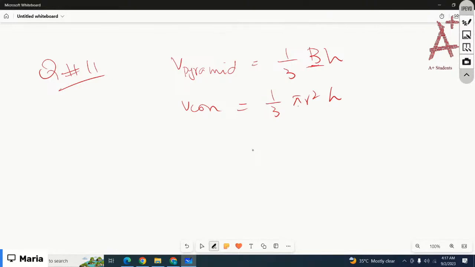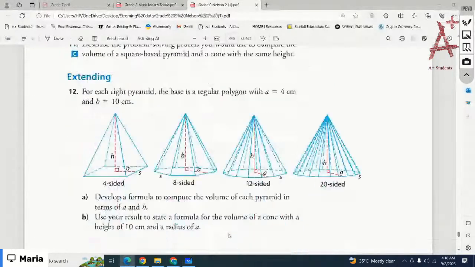This b is exactly the same as pi r square, because this is the area of the base. So if their height is the same, that means the volume of the pyramid and the volume of the cone is exactly the same, right?